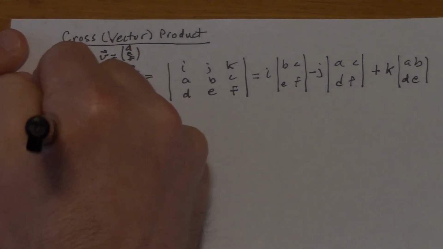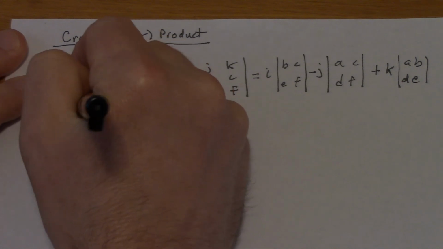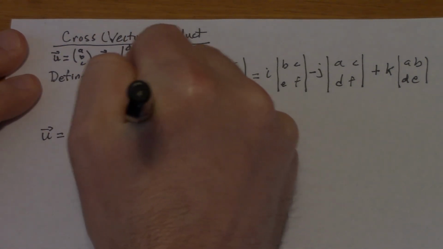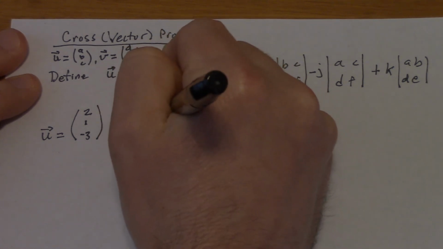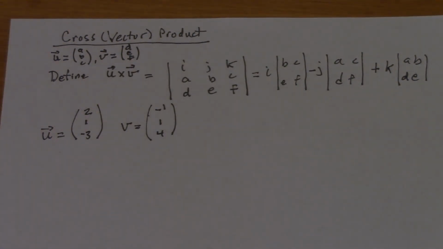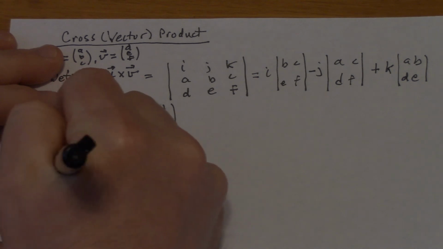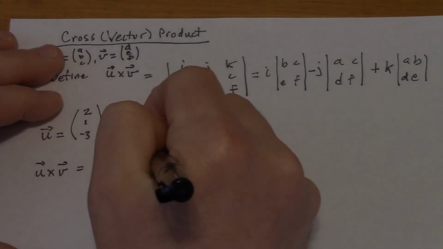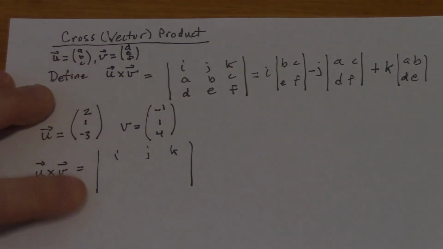So we're going to let u equal the vector 2, 1, minus 3. We're going to let v be the vector minus 1, 1, 4. Okay, so u crossed with v, that's going to be I, J, K. Okay, let me copy these components down.